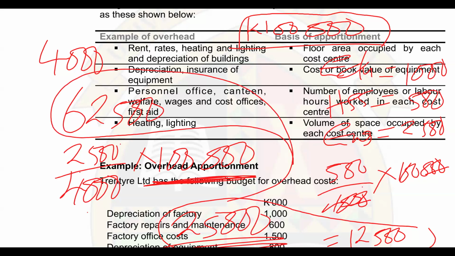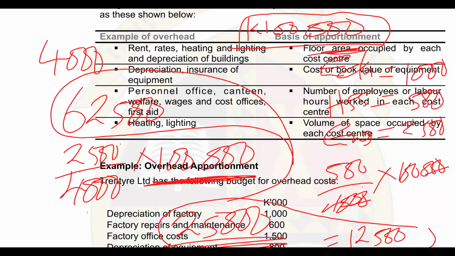According to which basis? According to the floor area space. You can use the floor area space for the total area occupied, and also for depreciation of buildings.